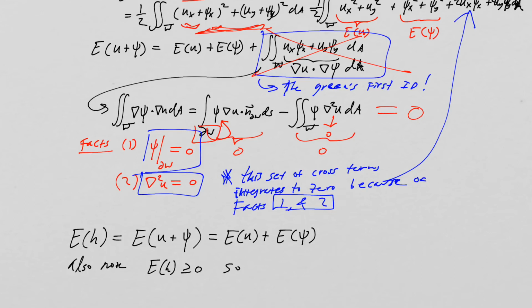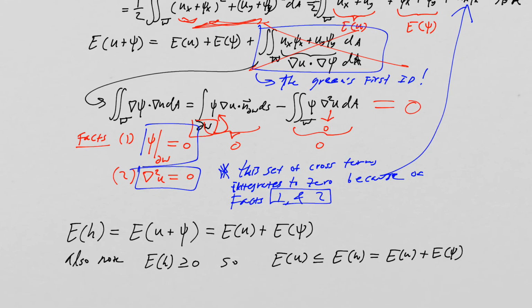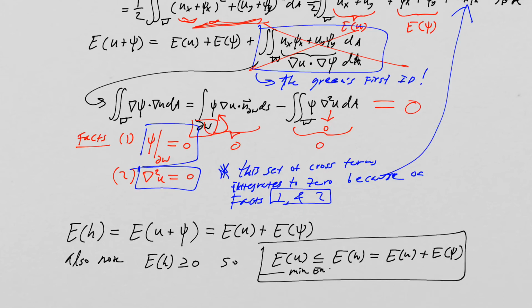So it must be that E of h is greater than E of u, because E of h, of course, is equal to E of u plus something else, the energy in that correction term. So this proves our theorem, our minimum principle. Min energy is proved. So we can check this box that we have it.